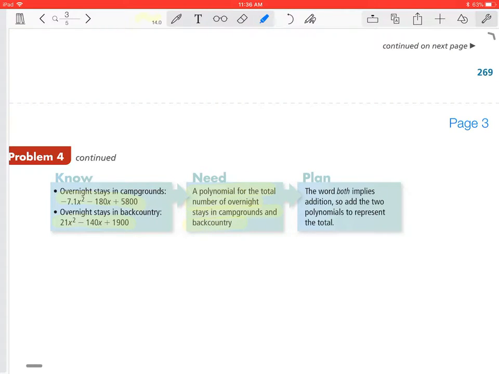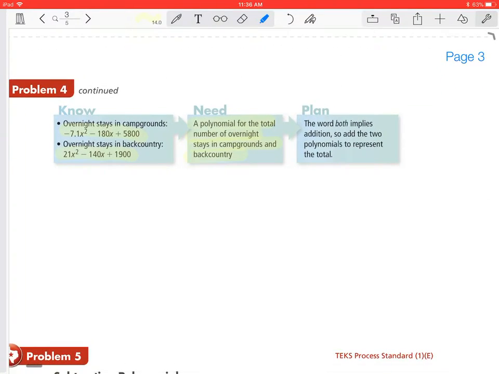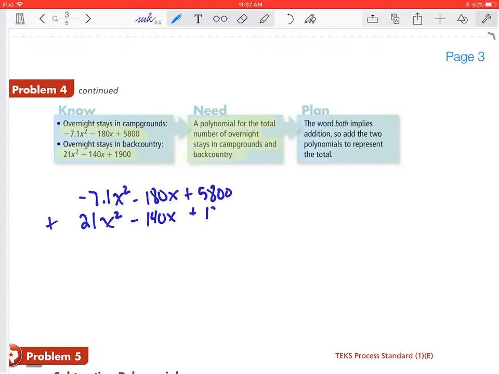The word both implies addition, so we're going to add the two polynomials to represent the total. We take negative 7.1x squared minus 180x plus 5,800, and we're going to add 21x squared minus 140x plus 1,900. We're just going to add those two expressions.